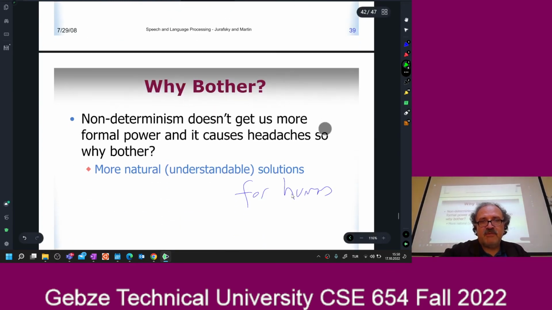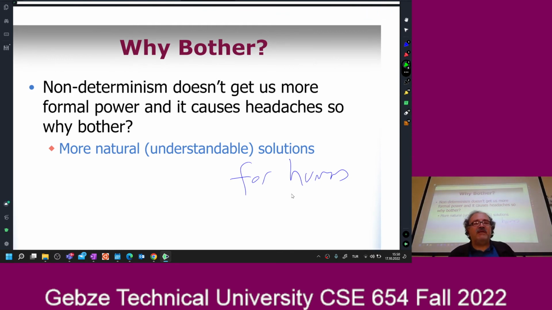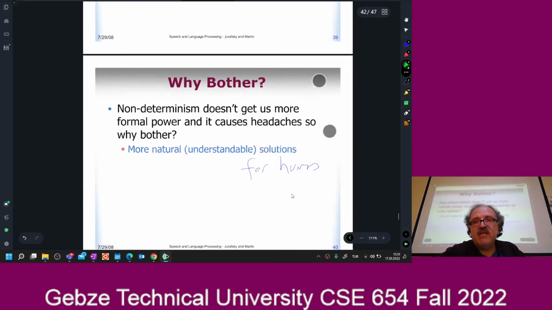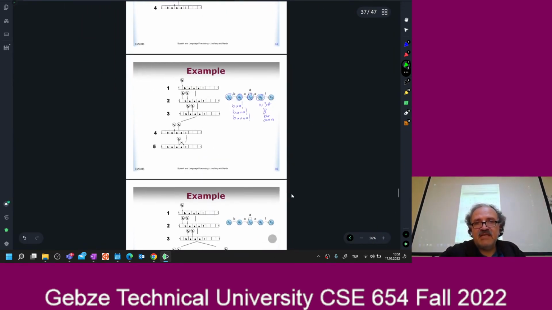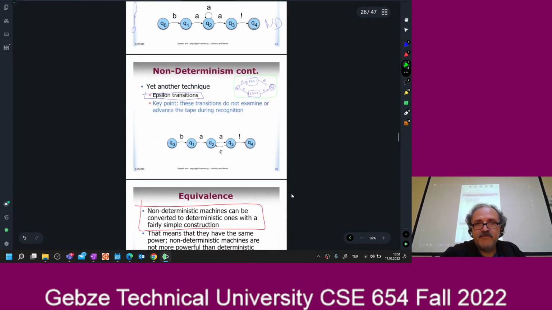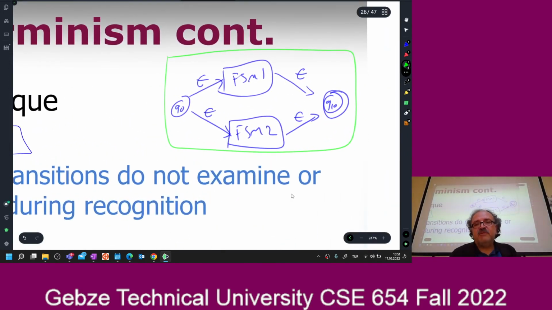So why bother? If a non-deterministic finite state automata is not any more powerful than a deterministic one, why bother? The answer is, for us it is very easy. For us it is very easy to represent two finite state machines like this and put them together.